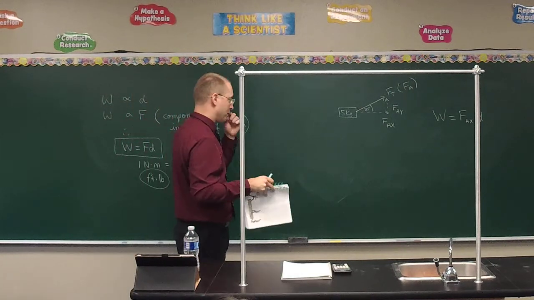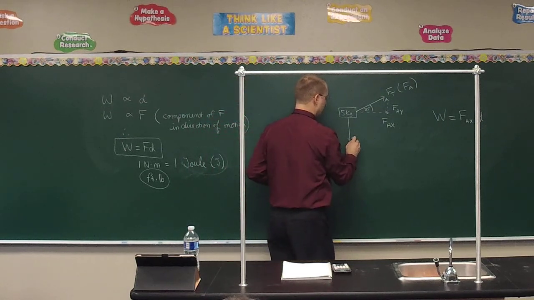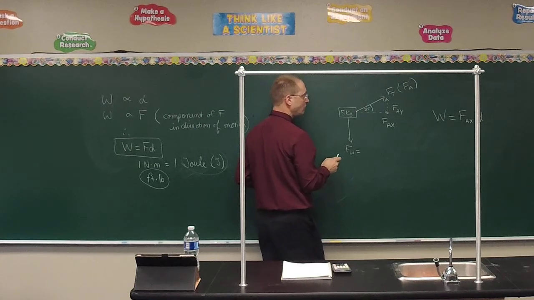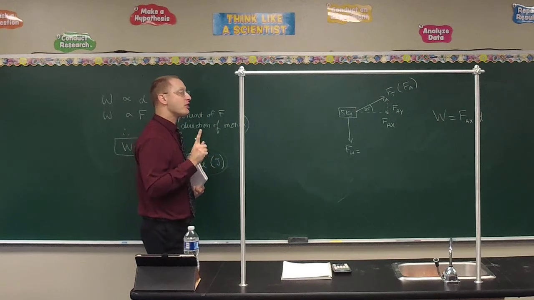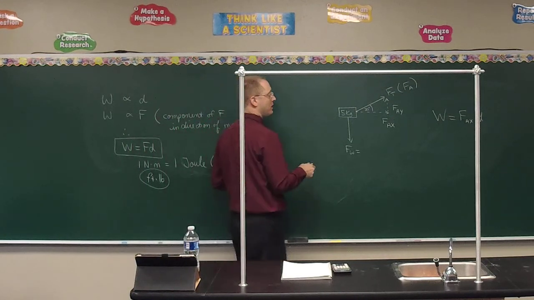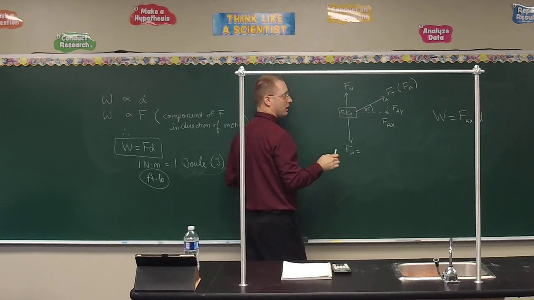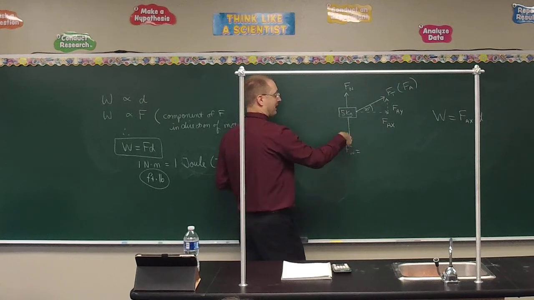All right, what other forces are in play? Weight. We have weight, which acts straight downward. We also have the normal force. Will the normal force equal the weight? No. Not this time, because the normal force has some help, doesn't it? The normal force isn't doing all the lifting. Normal force is working with the applied force in the Y to balance out the weight.